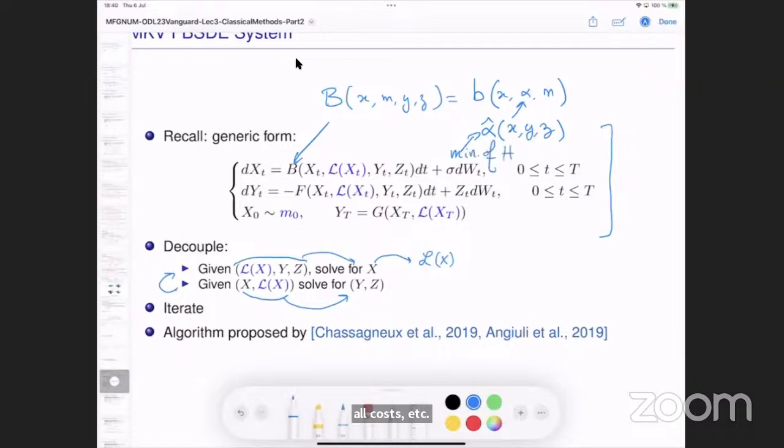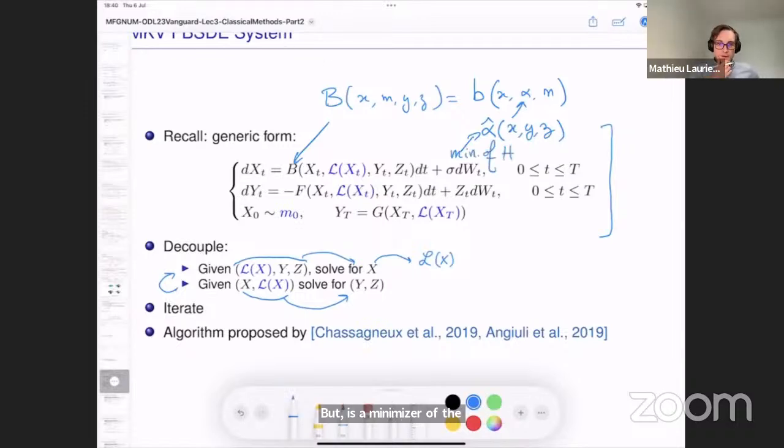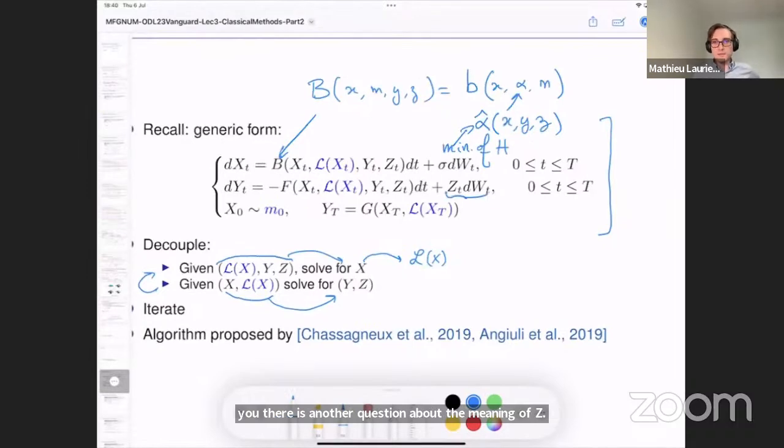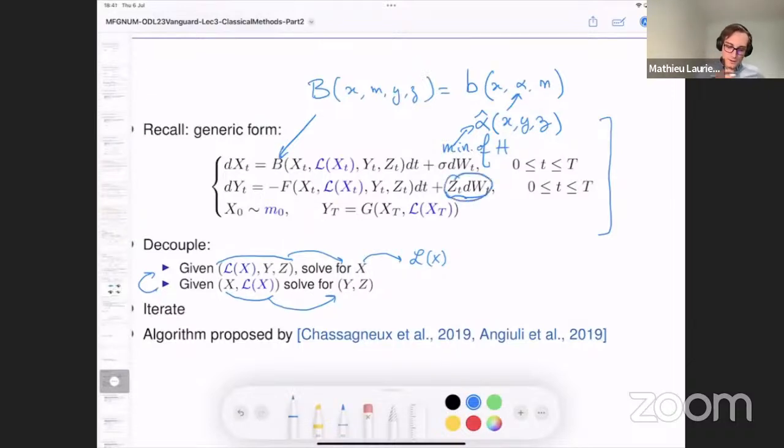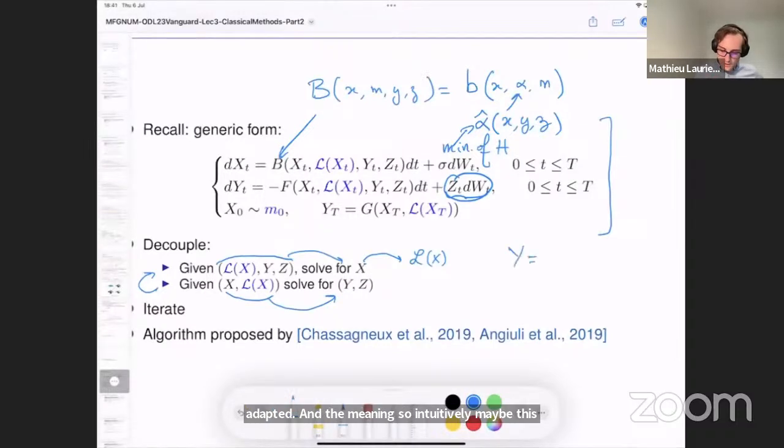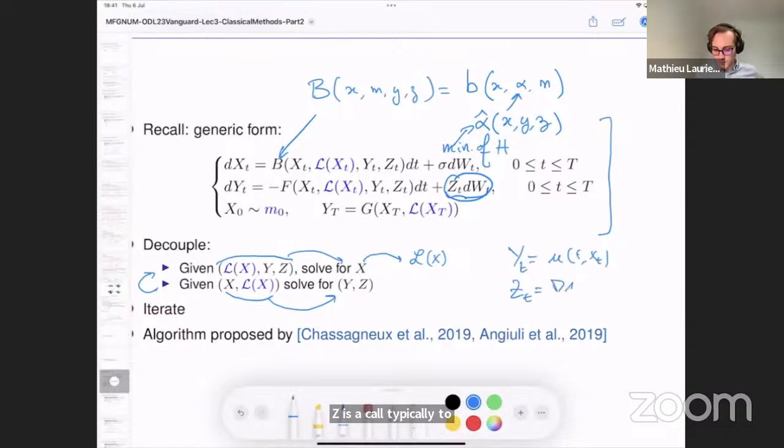There is another question about the meaning of Z. Z is here to make Y adaptive, but I don't know if this helps. You need an extra term here to make Y adaptive. Intuitively, maybe this would be more helpful: if Y is equal to u of t and X_t, Z is typically equal to the gradient of u at t and X_t, up to maybe a factor sigma, but that's basically the derivative.